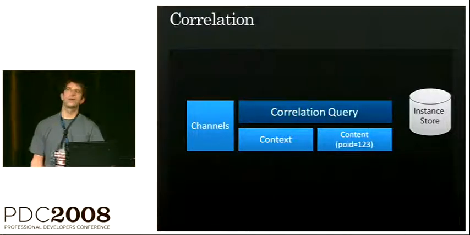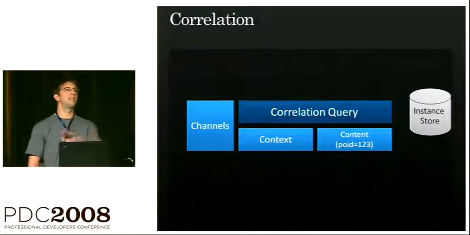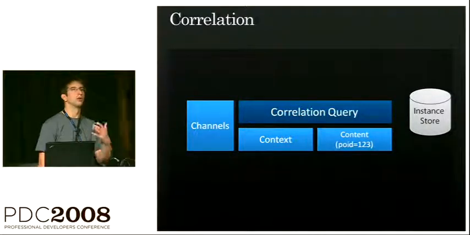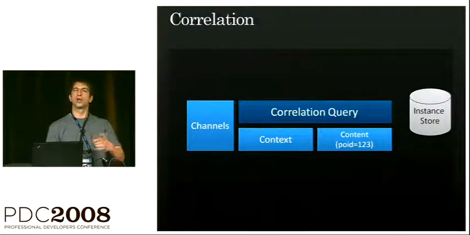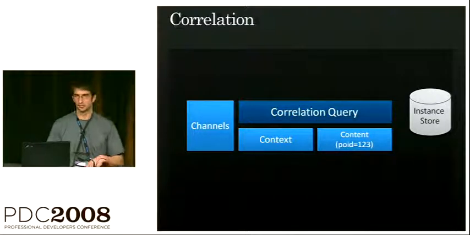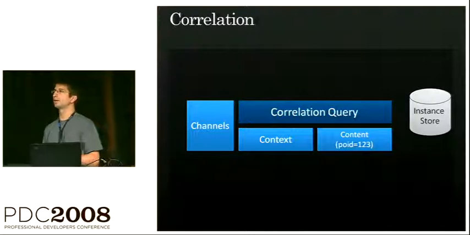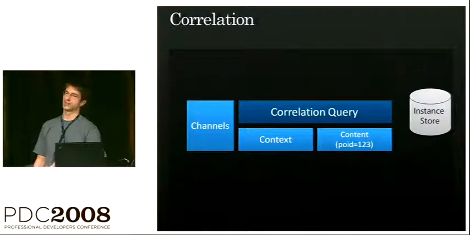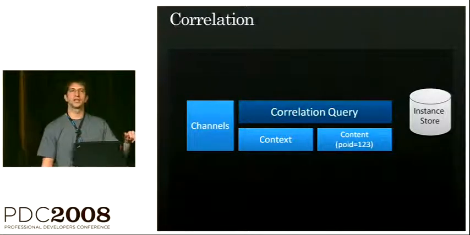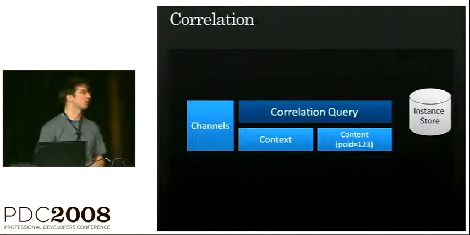Those correlation queries are evaluated on all inbound and outbound messages. The results of those queries are associated with the instance by the dispatcher, or the dispatcher is going to use the results of those queries to look up an existing instance. These associations are stored with the instance in the instance store.